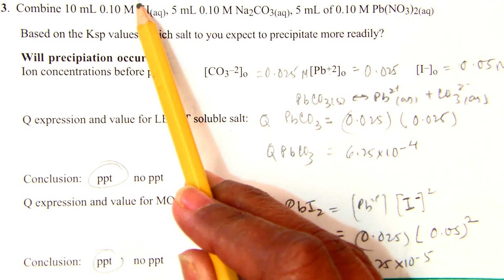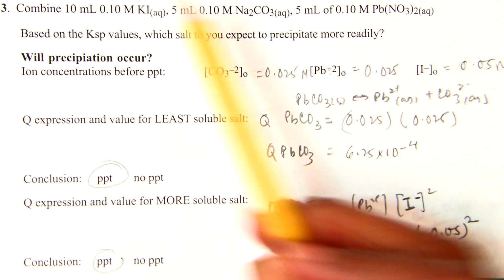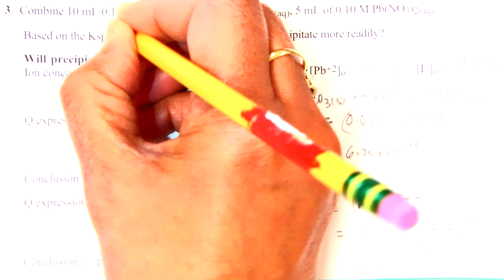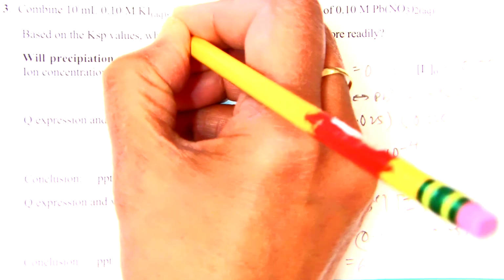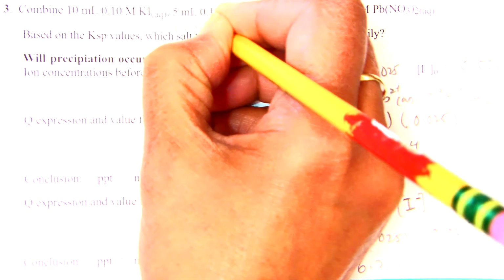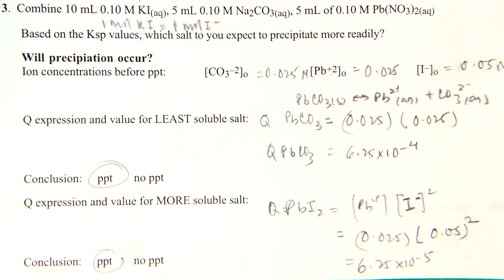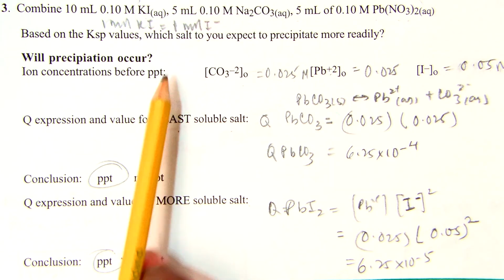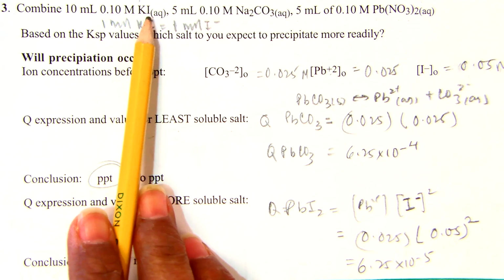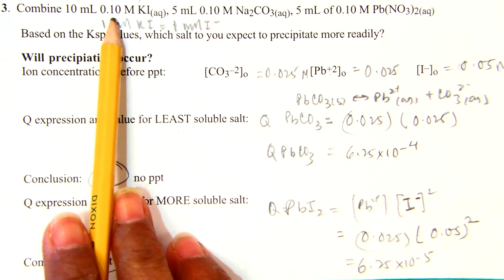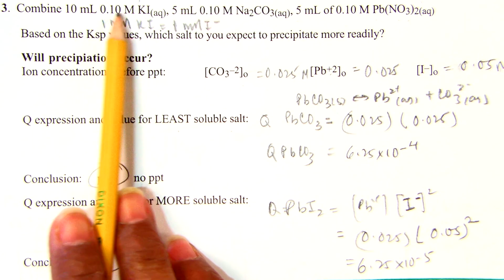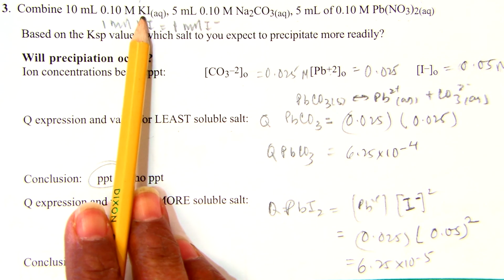In PbI2, from 1 mole of PbI2, we had 2 moles of I minus. But this is different here. KI is making I minus. So we multiply molarity and volume. That will be moles of KI, which will be the same as moles of I minus. Then you divide it by total volume. That will be molarity of I minus.